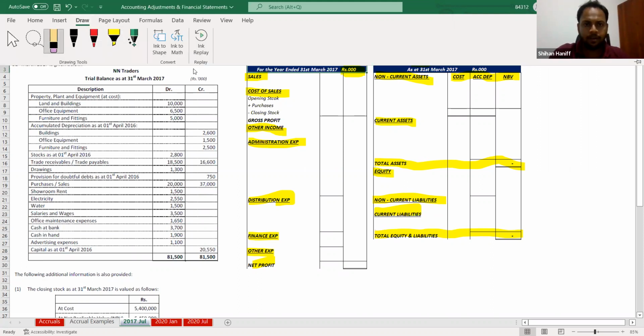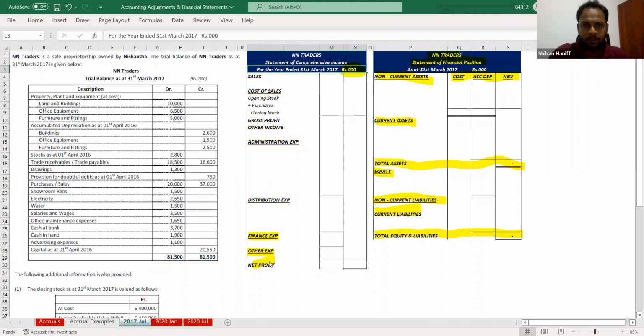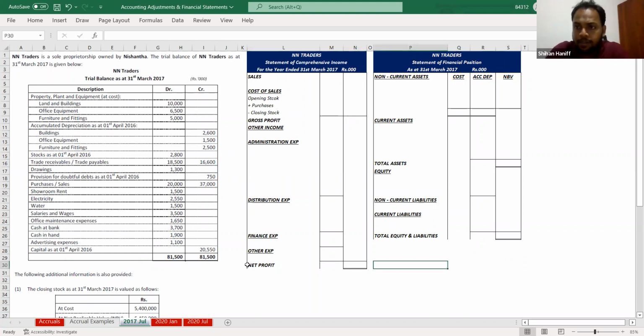So let's start writing the answers. Okay, so this is a basic question. But when we do the complex ones, understanding the basics is very important because we are using the same technique for all the questions.